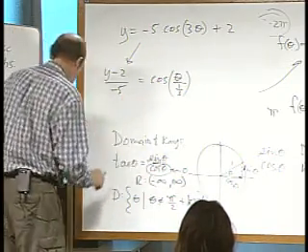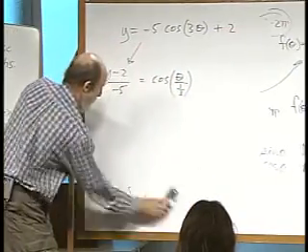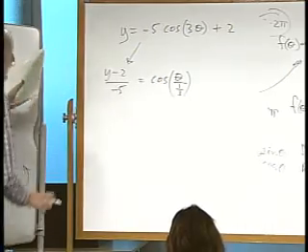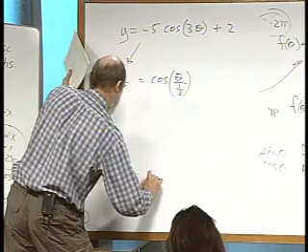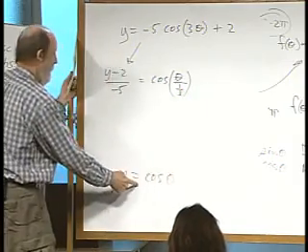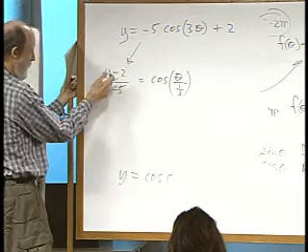What's powerful about this for when you move into calculus is that the behavior of the transformation that's occurred from the original y equals cosine theta to get you to this is sitting right here.